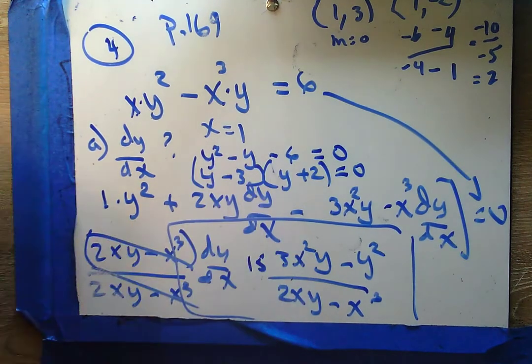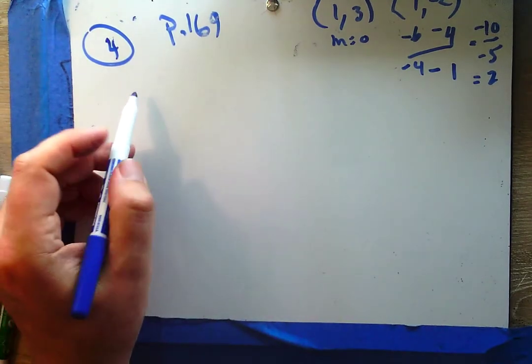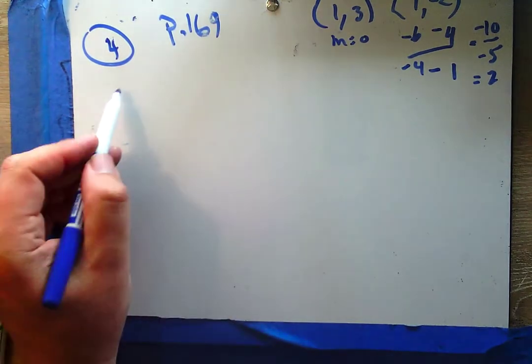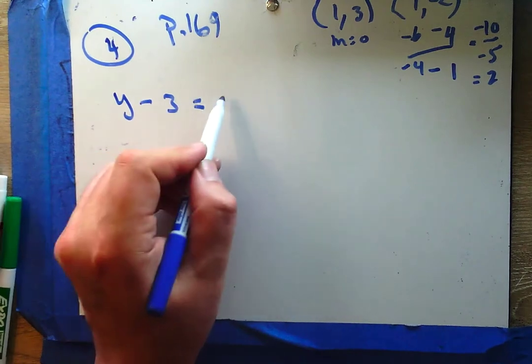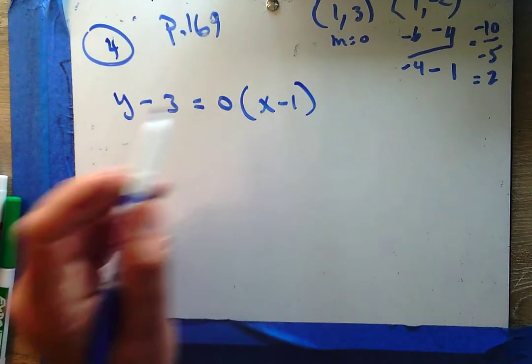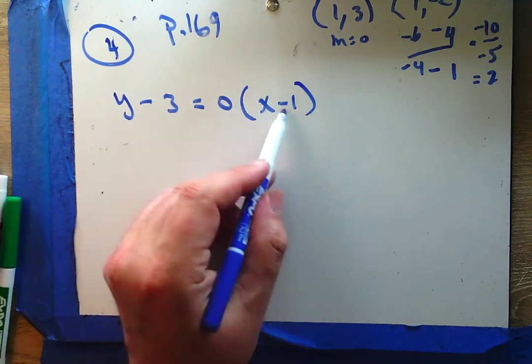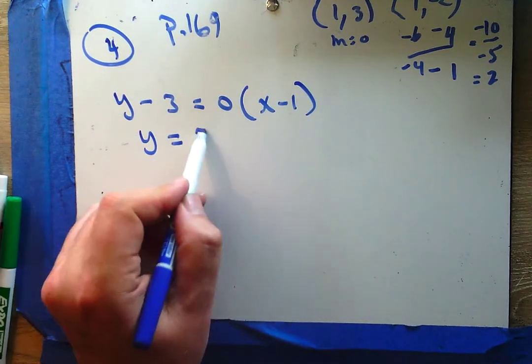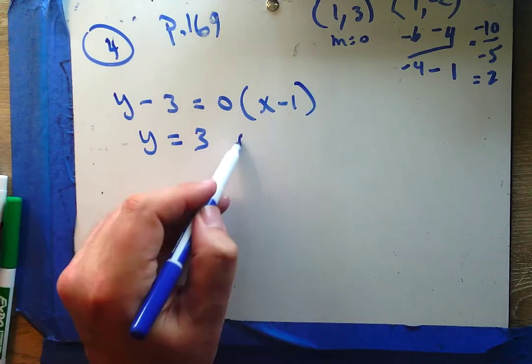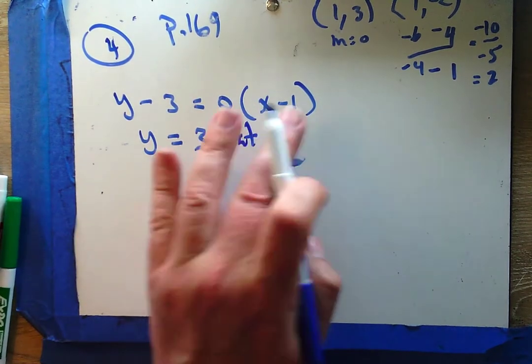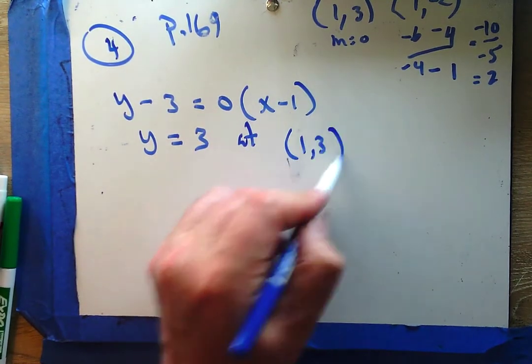Tangent line equations at these places. One of them has a slope of 0. While I could write this, and they wouldn't mark it wrong, maybe I should think about it as 0 times stuff is 0, and so y equals 3 is the tangent line at (1, 3).